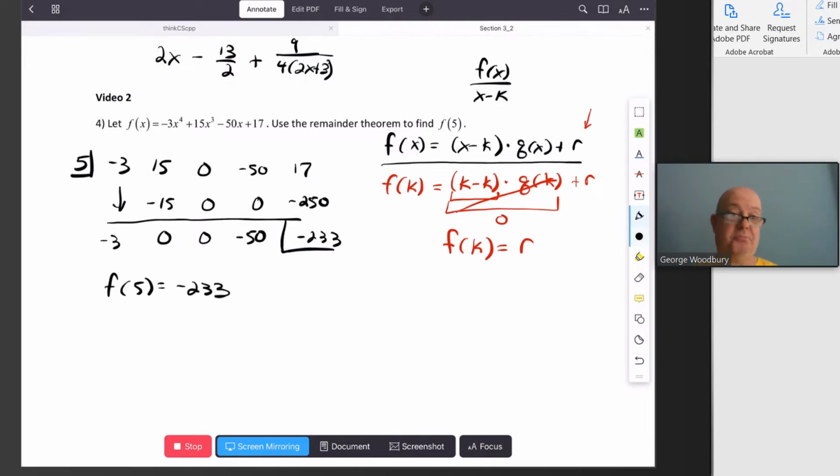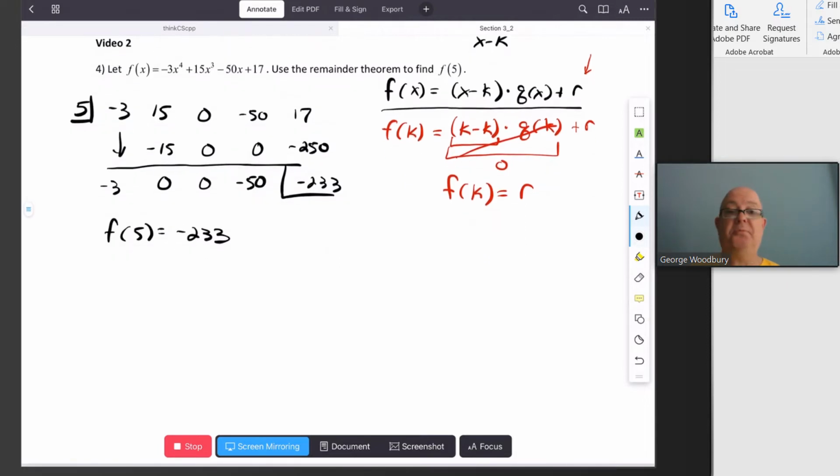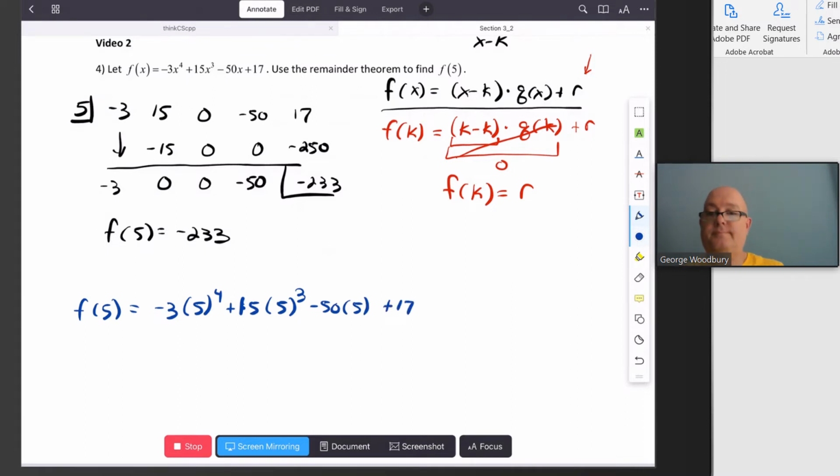That was actually pretty straightforward, right? Let me show you how this would work if I were to actually plug this in. f of 5 is -3 times 5 to the 4th power plus 15 times 5 to the 3rd power minus 50 times 5 plus 17. 5 to the 4th power is 625.